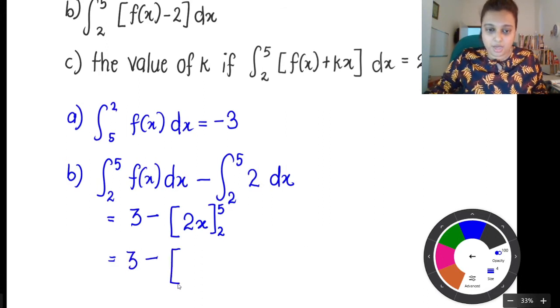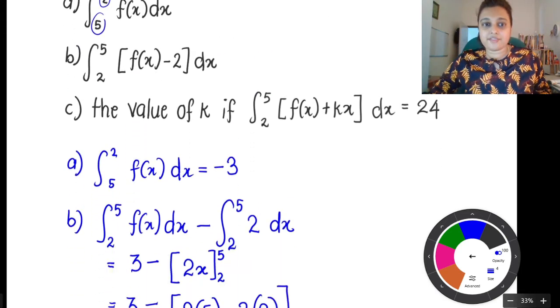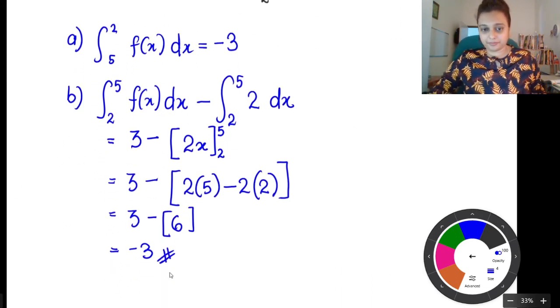I put in the value of 5 first, then minus, and substitute the lower limit 2. Here we get 10 minus 4, which is 6. So the final answer 3 minus 6 is negative 3. This is the value for B.